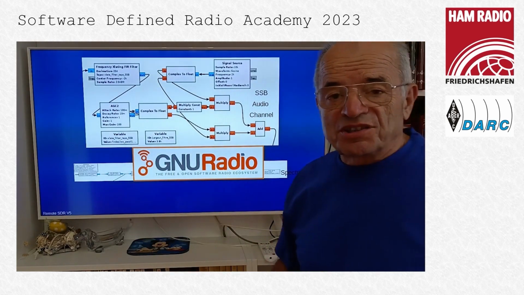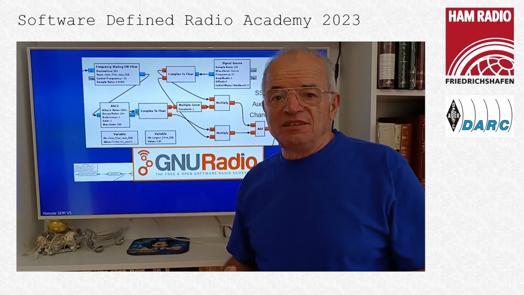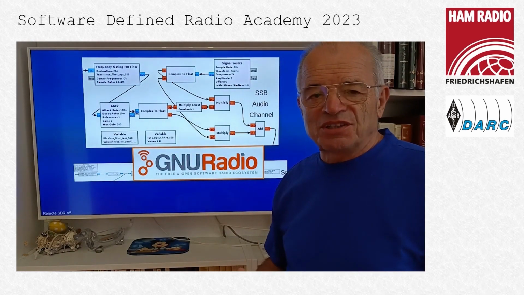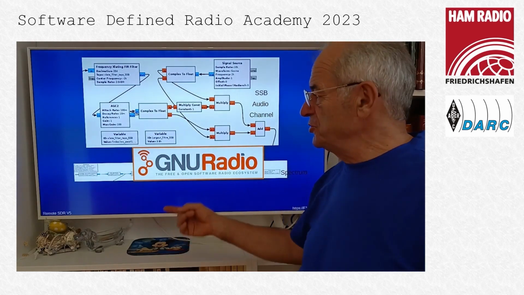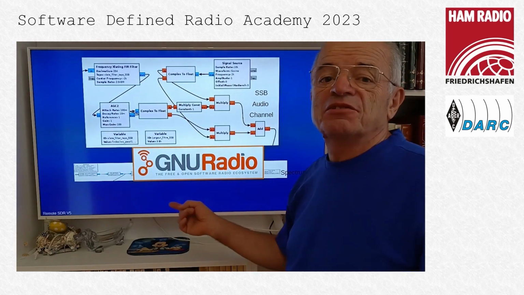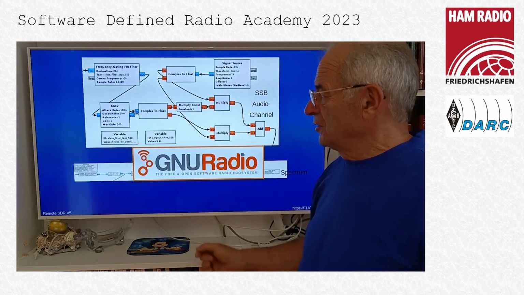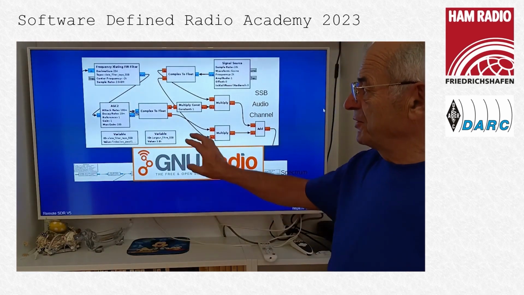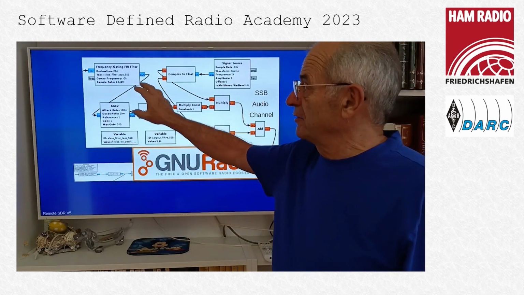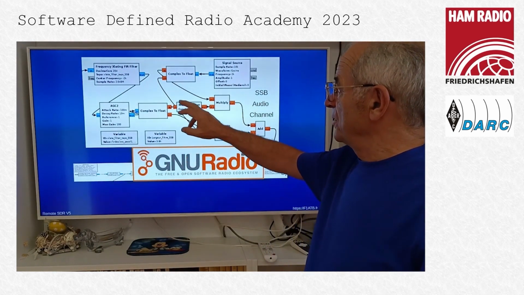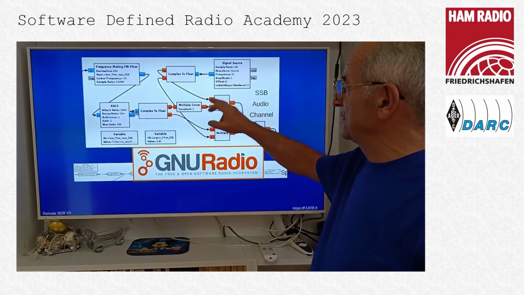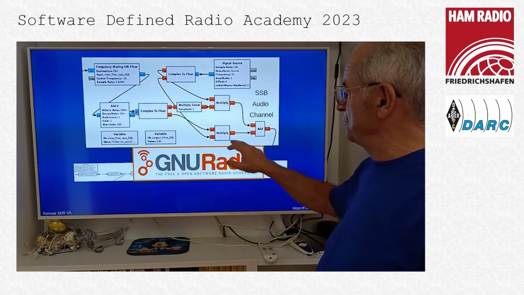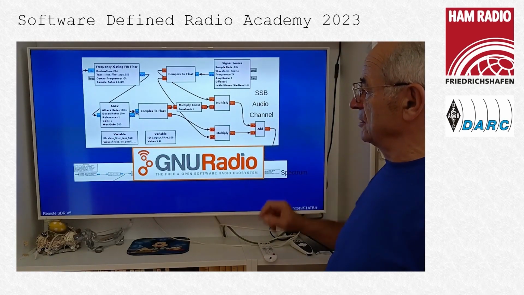For all this signal processing, I have not developed all the code. I used GNU Radio. It's a fantastic tool to develop radio processing. You have elementary boxes which represent a function like filtering, complex data to float data, a multiply function, an add function.